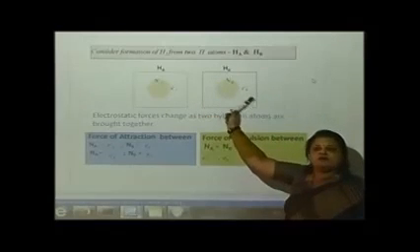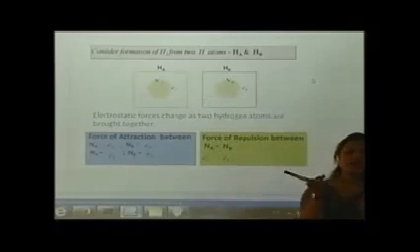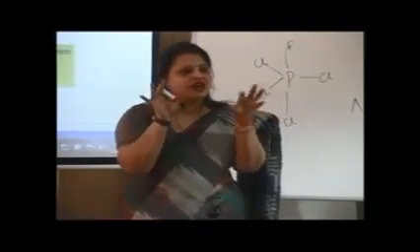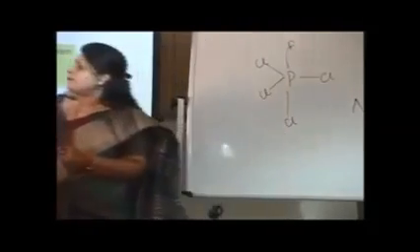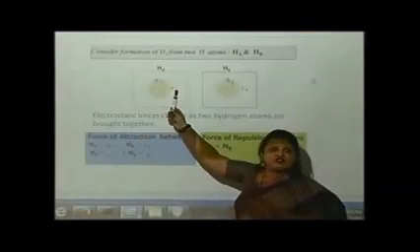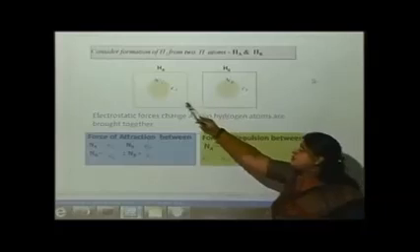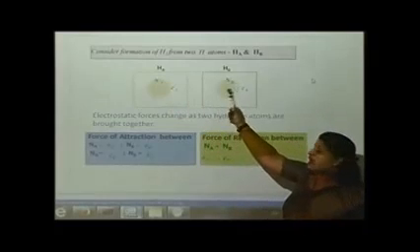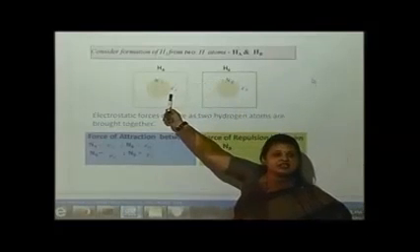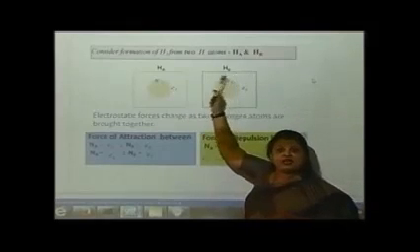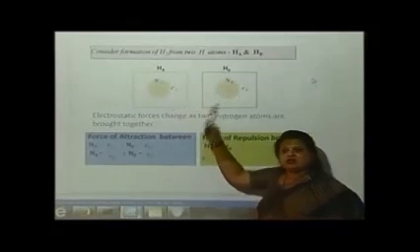Now, when these two hydrogen atoms approach each other, there will be various forces of attraction as well as repulsion. Attraction will mainly be between the nuclei and the electrons, NaEb as well as NbEa. Repulsion will be between the nuclei NaNb and between the electrons EaEb.